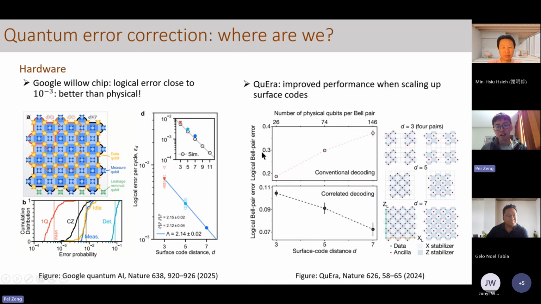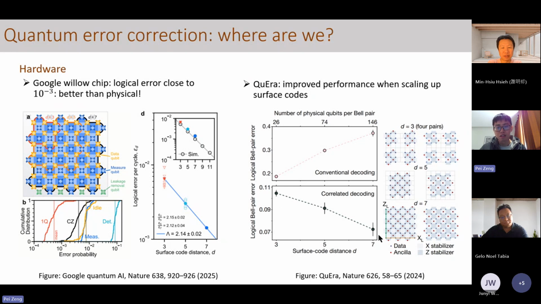And on the other hand, in the neutral atom platforms, these companies also demonstrate similar surface code scaling behavior. But of course, at this moment, the physical error in the neutral atom platform is still high. So they can show this kind of exponential decrease of logical error scaling, but still the error is quite large at this moment.